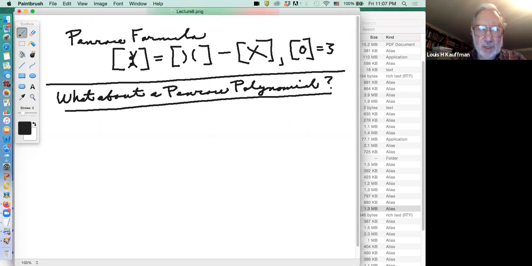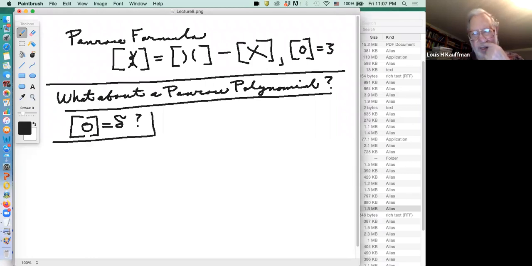That is, what about setting the value of the loop equal to a delta, let's say, some delta, and try to do the calculation again and get a state sum involving delta? We could put coefficients in, and so on. But let's leave it just the way it is with the minus sign and the plus sign and see what would happen. So we better just try some examples and see what would happen.